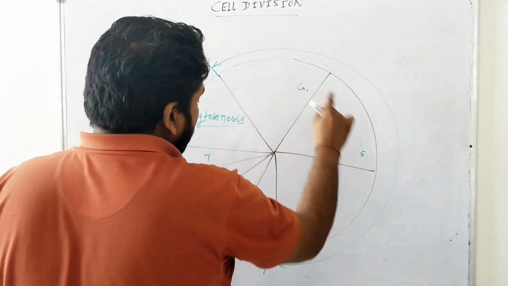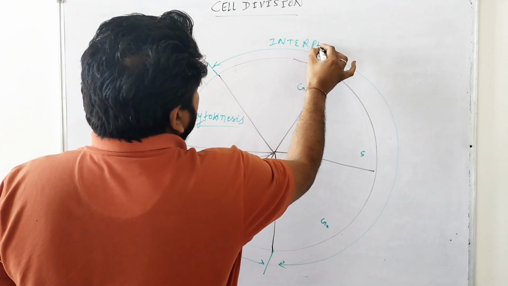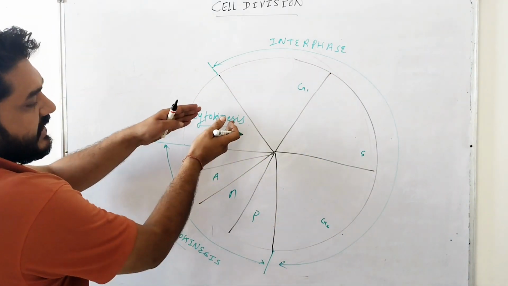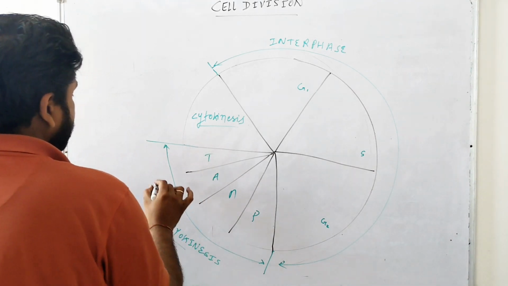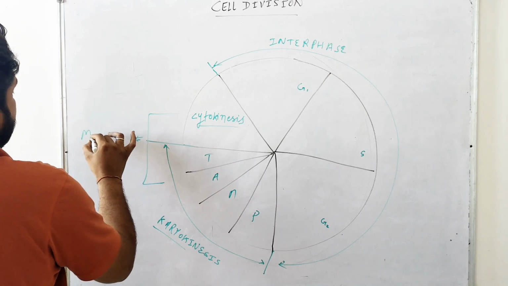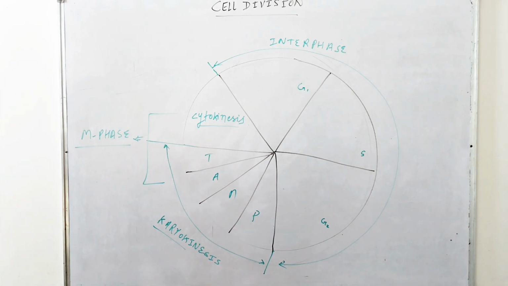So from here to here, this one I called interphase, and this phase is karyokinesis, and this one is cytokinesis. Karyokinesis and cytokinesis together are called the M phase. M phase is the phase of actual cell division.